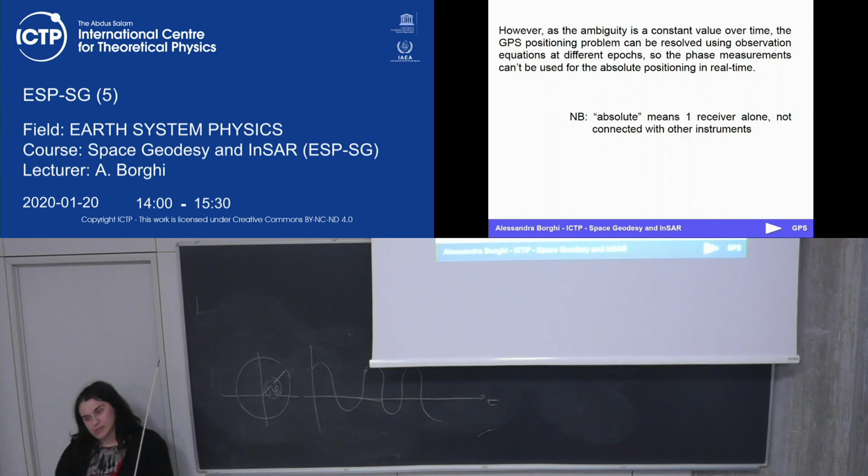So we need more observations in time, not just the observation at T0, but observations at T0, T1, T3, T4, and so on. So we have a system of equations at different times, where the unknown ambiguity number for each satellite is a constant number. So we can solve the problem.